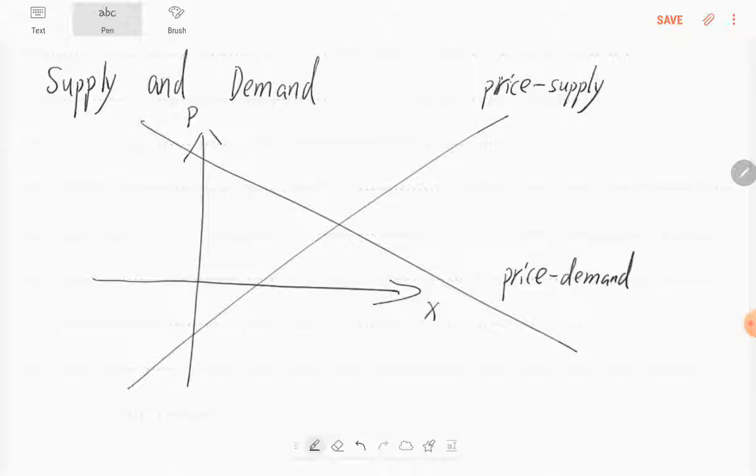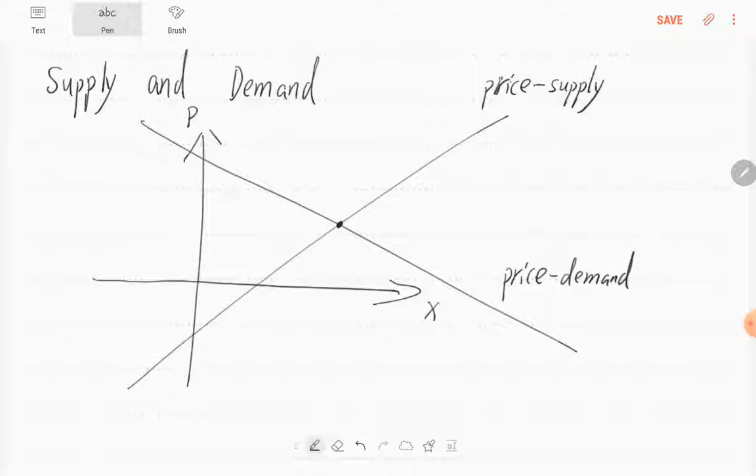So you can see that there is a very important piece of information, which is the intersection point. At this point, the supply equals the demand. That is the ideal case, right? And the price at this point is also the ideal price.